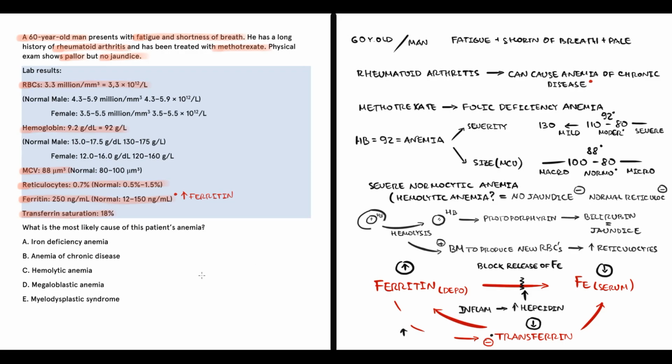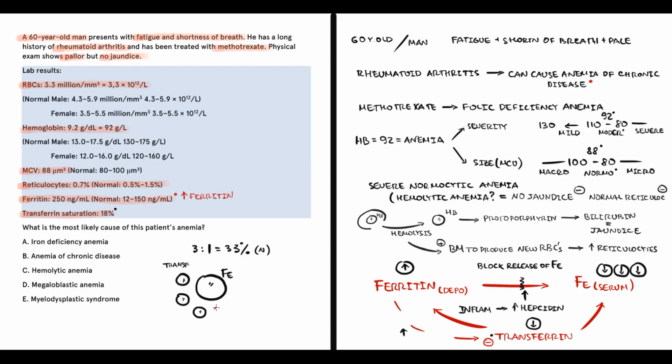As we see in this case, the patient has transferrin saturation of 18%. What does this mean? In normal condition, we have 3 transferrin molecules per 1 iron molecule, which gives transferrin saturation of approximately 33%. In this case, the release of iron from the depot is blocked, so the level of serum iron will significantly decrease.